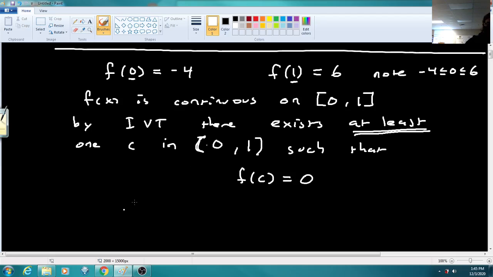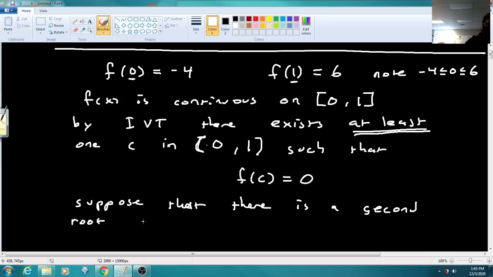So we're going to suppose that there is a second 0, or second root, we'll say at x equals d, such that f of d equals 0 also.